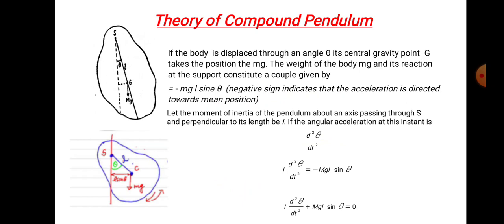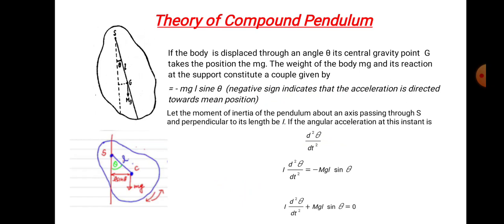The vertical section of the rigid body is capable of oscillating about a horizontal axis through S. The center of gravity G has the value mass into gravity, and if the body is displaced through an angle θ, its center of gravity G takes the position mg.